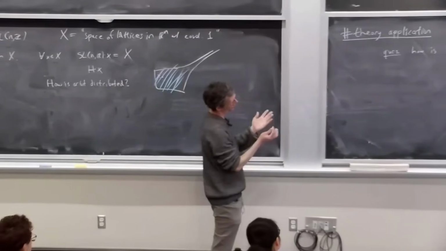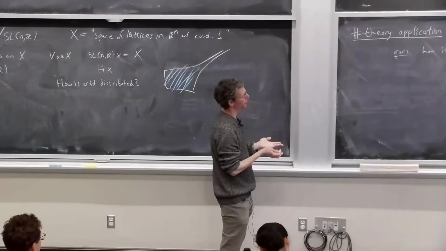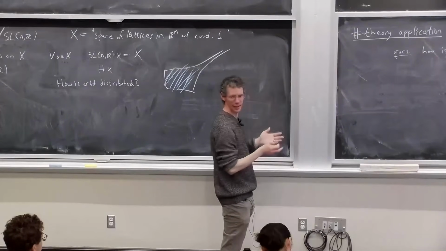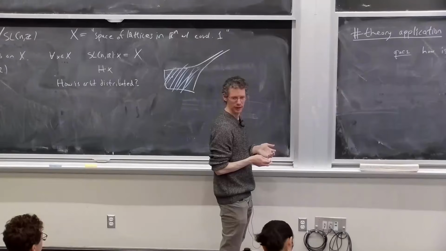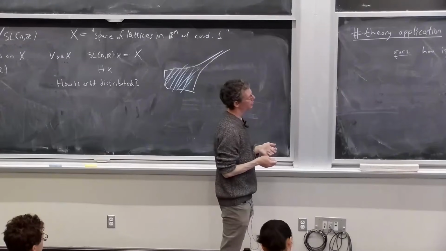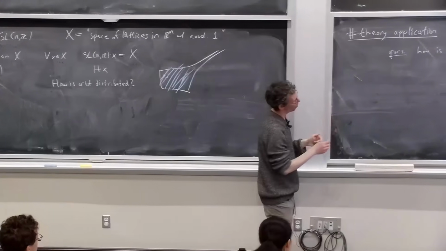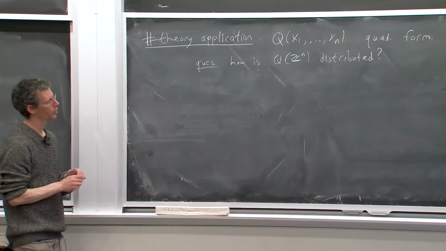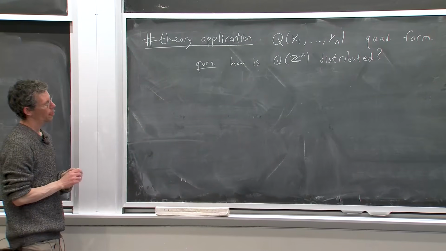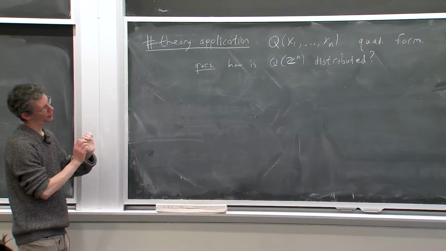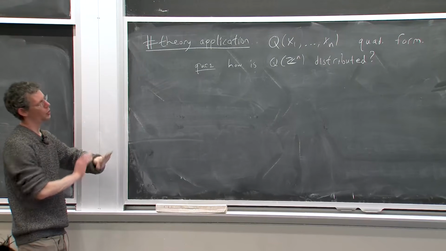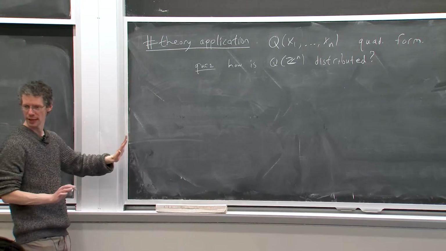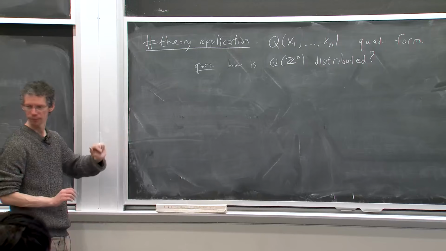So one observation is that if Q is always positive for real numbers, then Q of Z^n will be always positive. And another observation is that if the coefficients of Q are all integers, then Q of Z^n will be integers. And those are the main obvious reasons why Q of Z^n would not be distributed evenly on the real numbers.